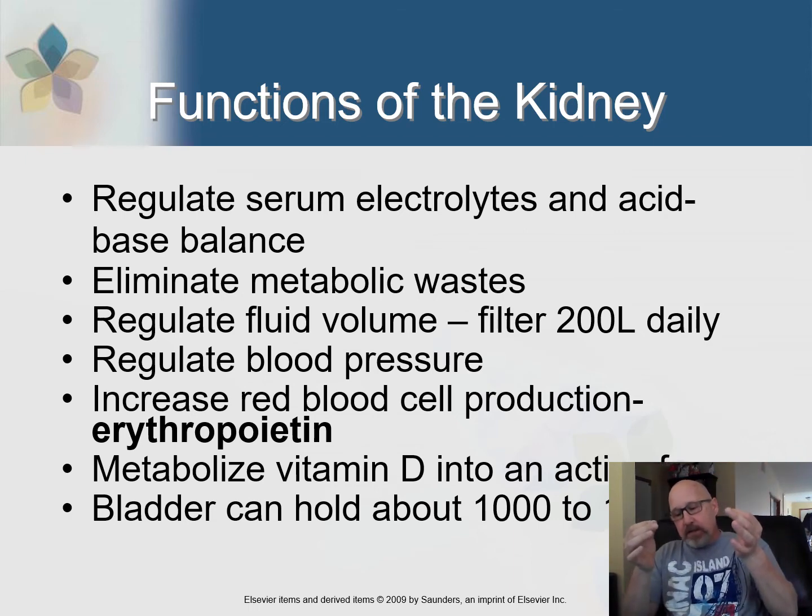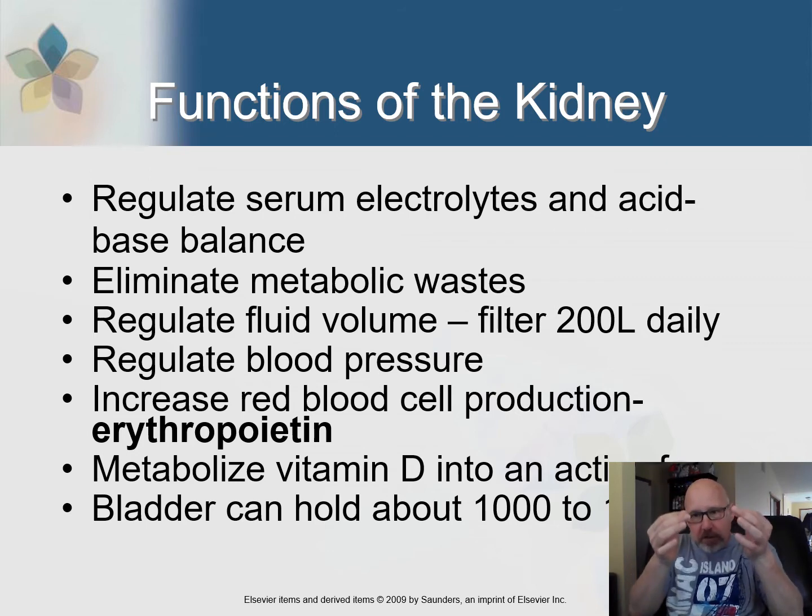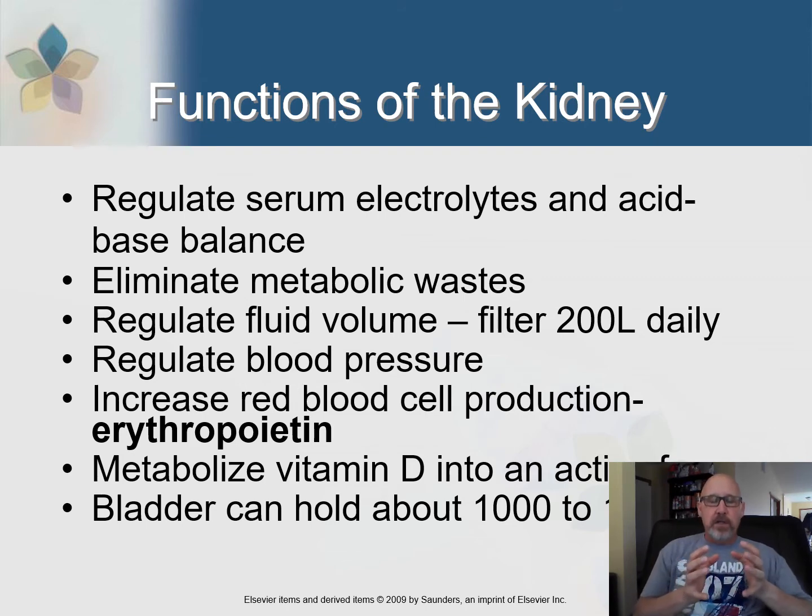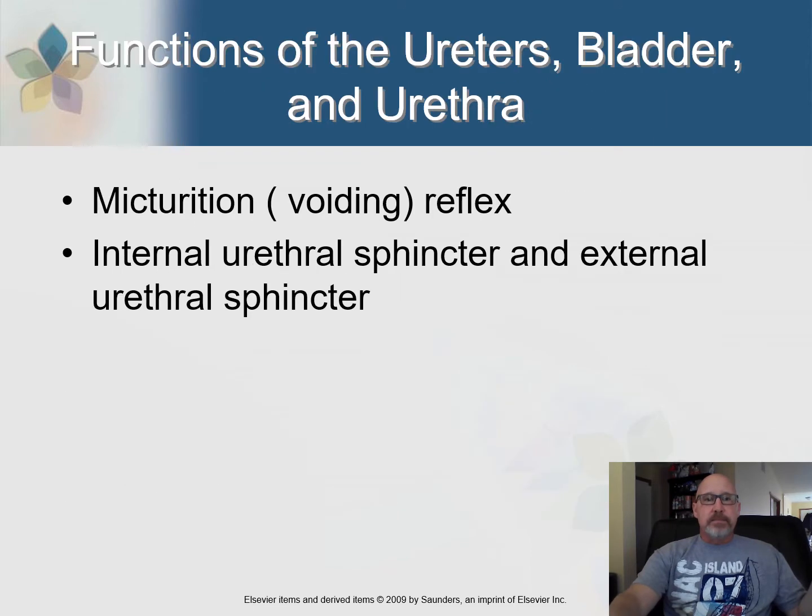Remember, the urine collects in the renal pelvis, then flows through the ureters down into the bladder on the right and left side, and the bladder expands and is just a holding organ. It's got muscles all around it, and it can hold a little over 1,000, maybe up to 1,500 cc's. As it gets to a certain point, you feel the need to void, and then you go to the bathroom, and we do that on a regular basis.